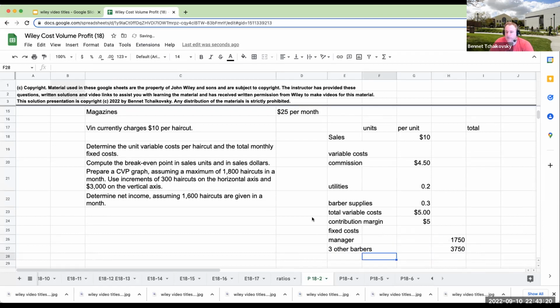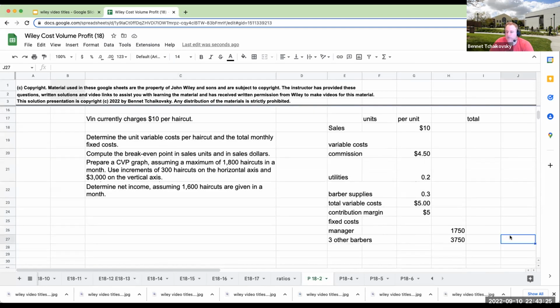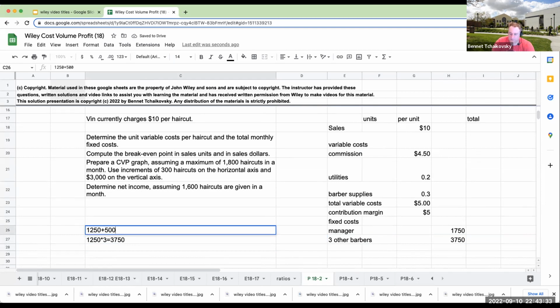That's $1,250 per month each, so $1,250 times 3 is equal to $3,750. And $1,250 plus the $500 manager fee is equal to $1,750. That's where these two numbers are coming from.